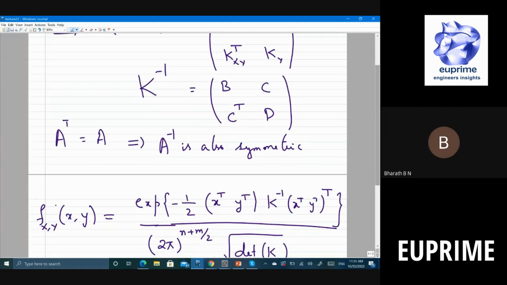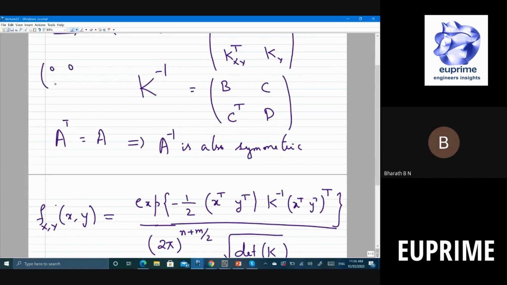Sir, one question not related to this. In the previous lecture, you said that if any matrix is symmetric, is it necessary that it should be positive semi-definite? Not necessary. Symmetric matrices need not be positive semi-definite. And if it is positive semi-definite, then it will be symmetric? No, not necessary either.